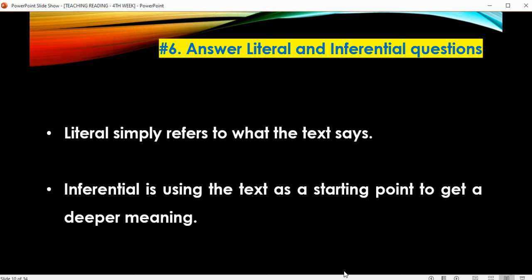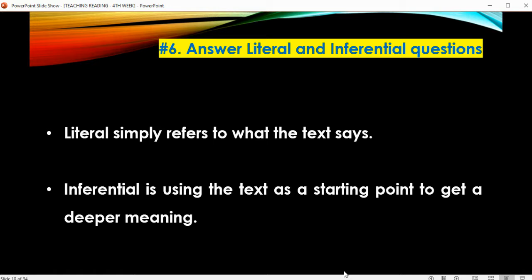Notice here in the inferential, we are going to analyze the text and we are going to get a conclusion, an analysis of the text. That's why it says that we are going to get a deeper meaning. In the literal, you just have to say what the text says. Just that. So here we have two activities: literal and inferential.